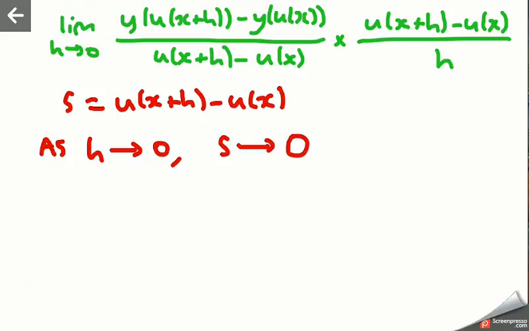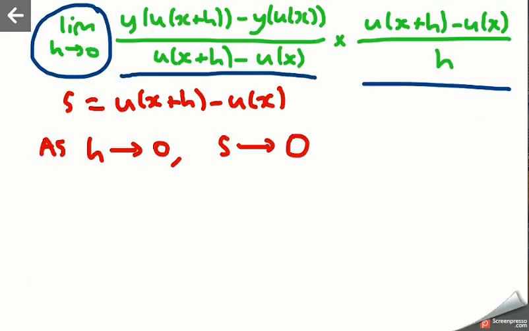Okay, well, assuming those assumptions are made, if we're taking the limit as h gets closer and closer to 0 of all this stuff in green, it's the limit of this thing times this thing. If they're both going somewhere as h gets closer and closer to 0, then the limit of the product will be equal to the product of the limits.